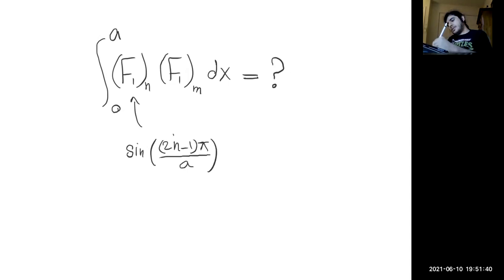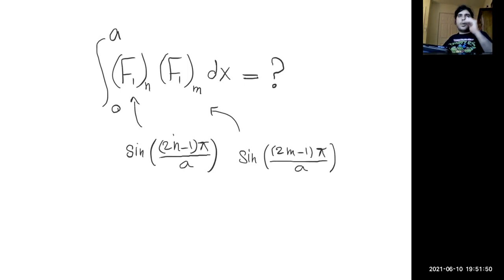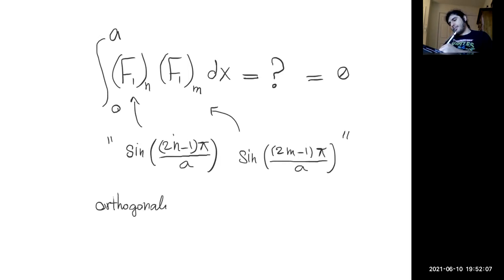The other one was sine of (2m minus 1) pi over a. So this integral is equal to 0. Remember, we had a section on these integrals. We call them orthogonality, I think. These integrals are equal to 0 when n is not equal to m.